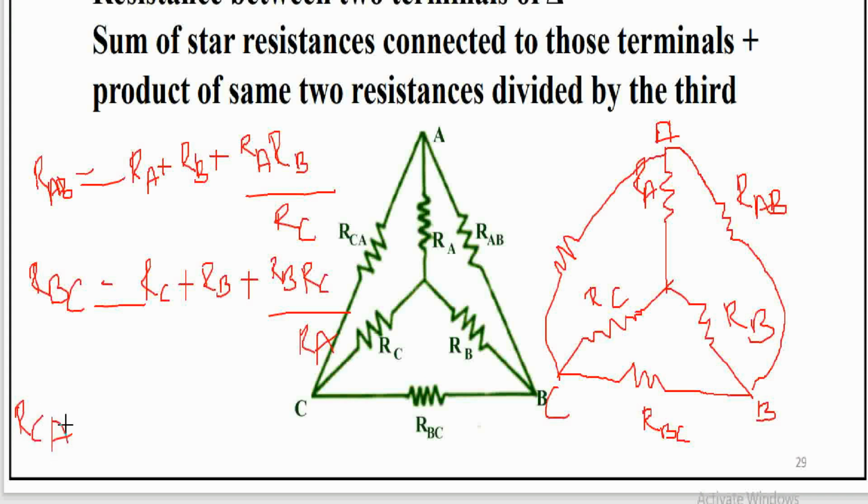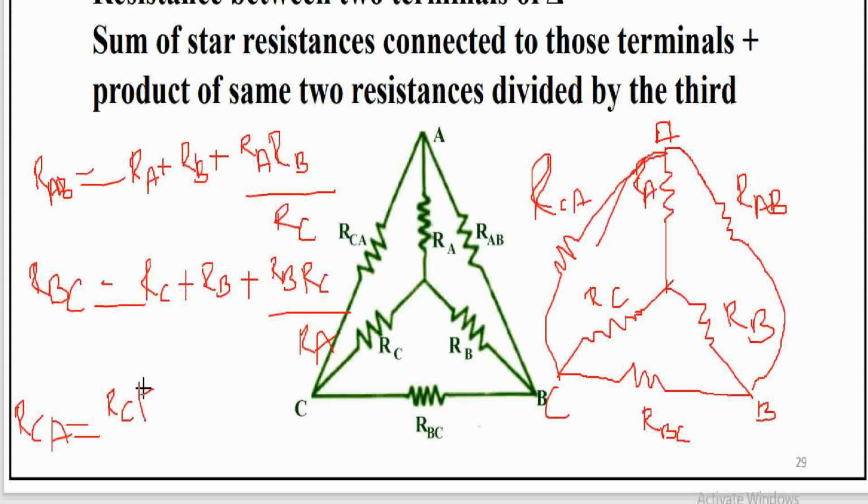Similarly, the last one is RCA. If I want to get RCA, this is your RCA. So how did you get this RCA? By connecting this RC and RA. So this is your connection.